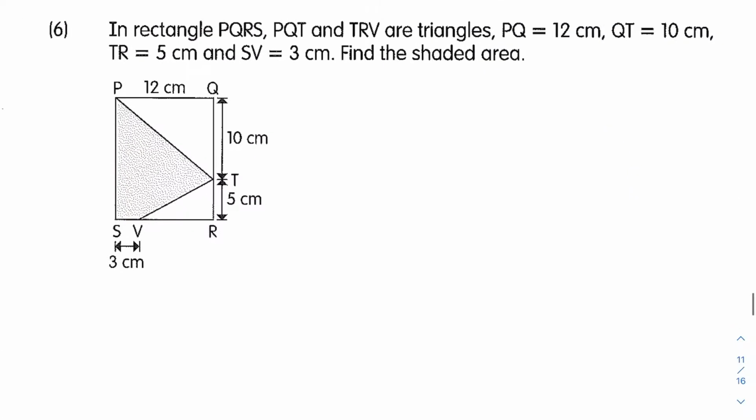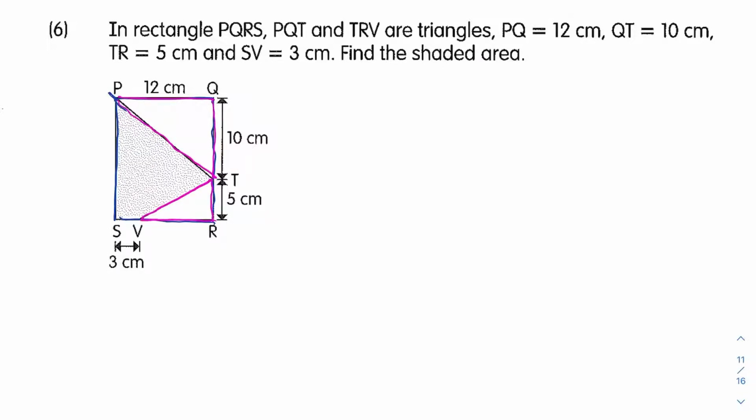Next up, in rectangle PQRS, so P, Q, R, and S, okay, this whole big rectangle here, PQT, so let's use a different color, PQT, so this triangle here, and TRV, these are triangles, the pink parts.